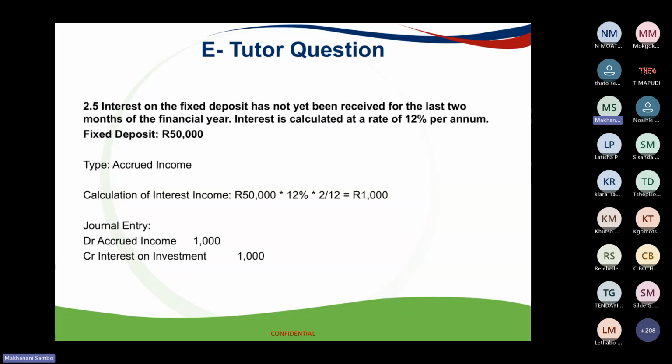That will result in an accrued income of 1,000 Rand, meaning the journal entry we need to pass is to debit our accrued income, because this is income that we will receive, and then credit interest on investment, increasing it with the same amount.